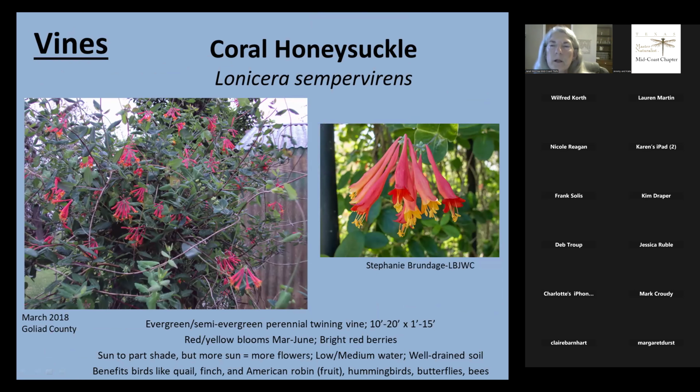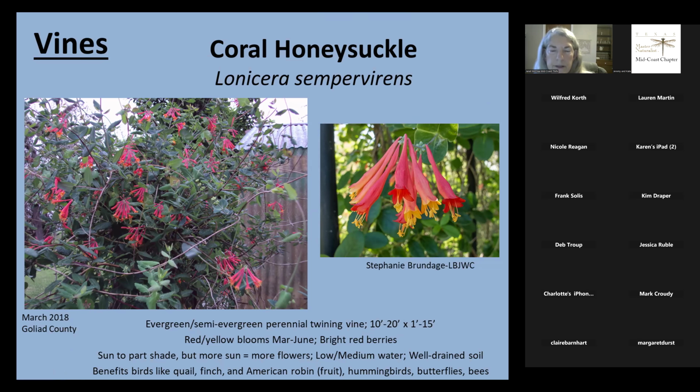Coral honeysuckle is one of the least aggressive vines. It'll only get about maybe 20 feet in length, but it can get real thick, and it's a favorite of your hummingbirds because of these tubular flowers. It will tolerate some shade, but it does better the more sun it's in.